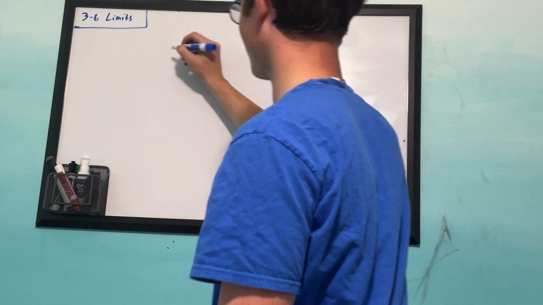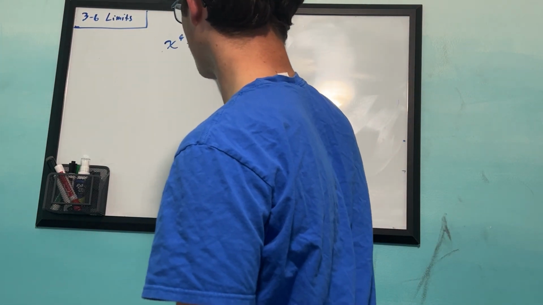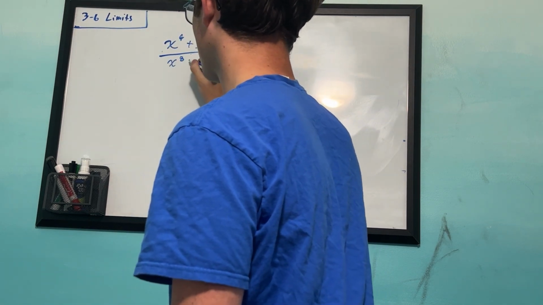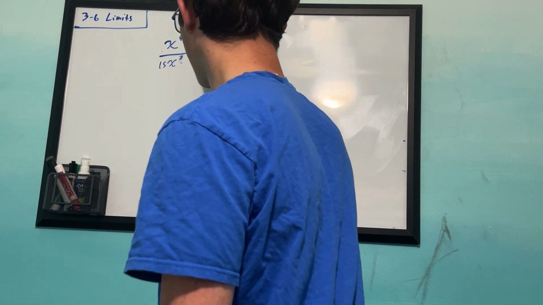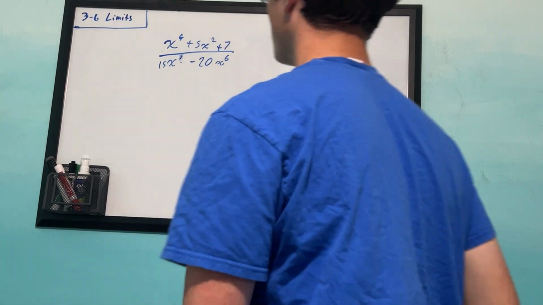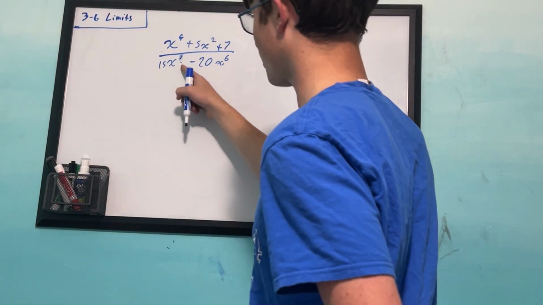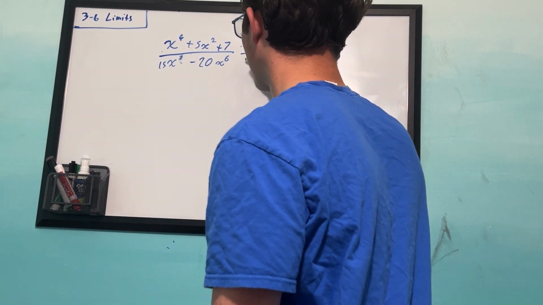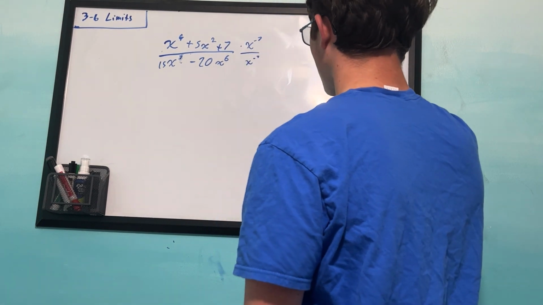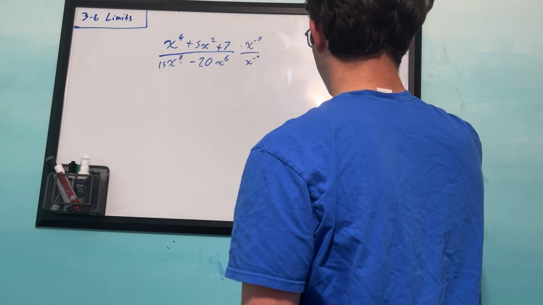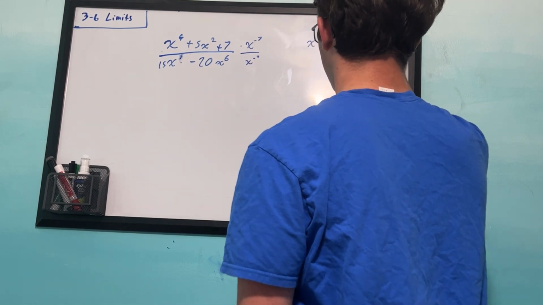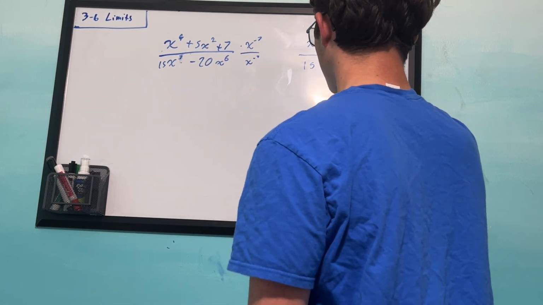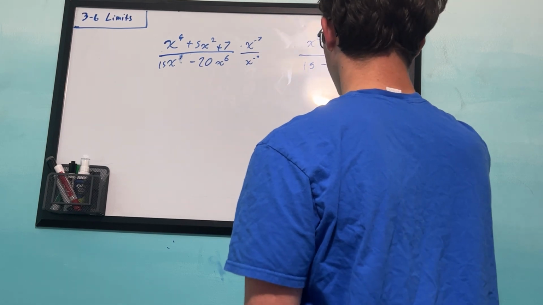What we can do is see x to the 7th is our largest x value in the denominator, so we can multiply by x to the negative 7th, and then we're left with x squared plus 5 over x to the 5th plus 7 over x to the 7th, over 15 minus 20 over x.